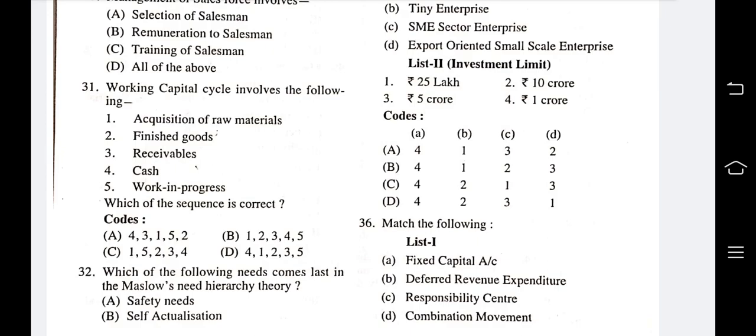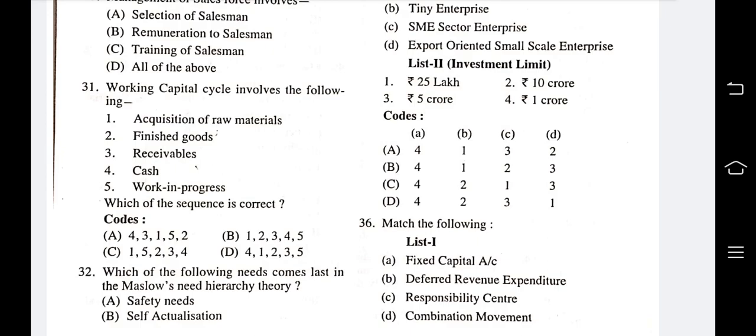Which of the following needs comes last in Maslow's hierarchy of needs theory? Maslow's theory is a 5 point theory. First is physiological need. Second is safety need. Third is love and belongingness.